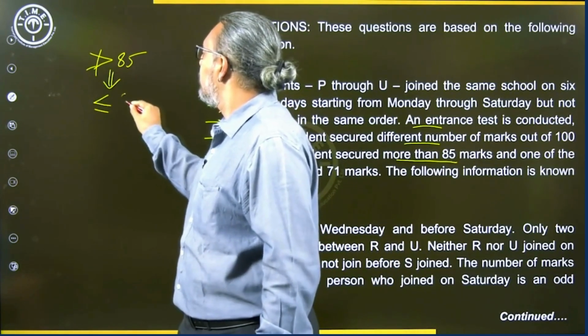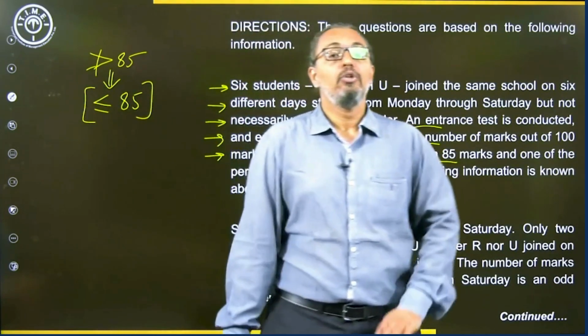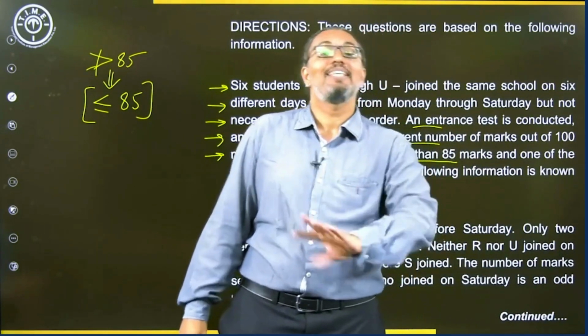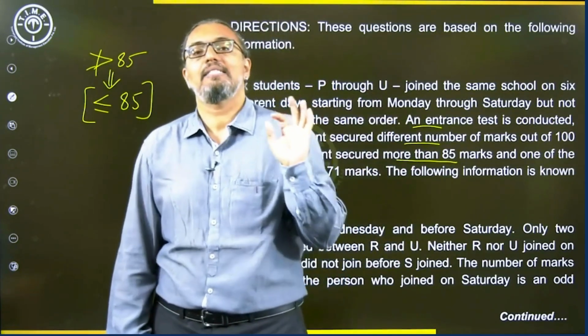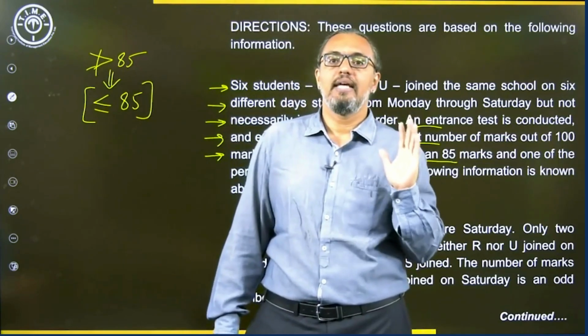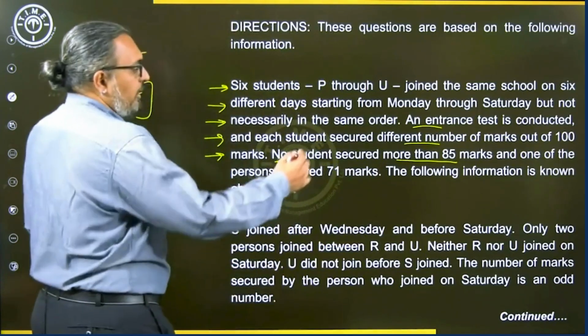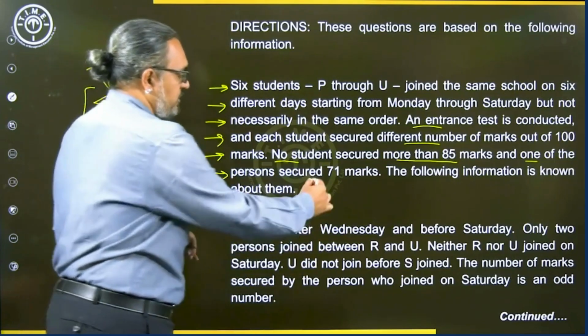Less than or equal to 85. That is how you have to understand this inequality. No student has scored more than 85 means you should not assume it as less than 85. It could also be equal to 85. The highest number is 85 or less than that. Understood it? Then, one of the persons secured 71 marks.